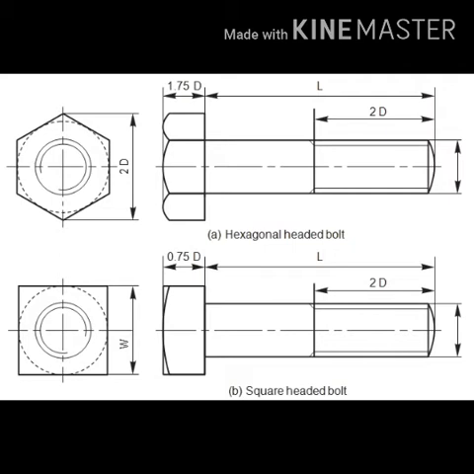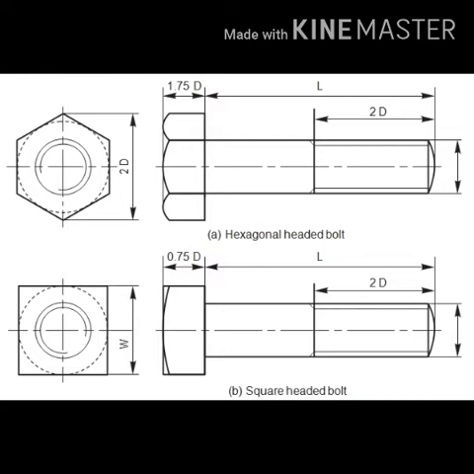That means its length is 2.05D, and by using a continuous thin line we can mark the minor diameter value. We know that its value is 0.8D.